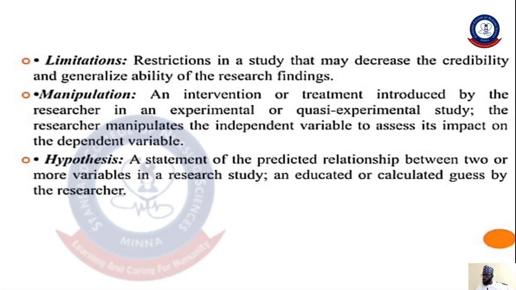An educated or calculated guess by the researcher. Hypothesis is just like a calculated guess by a researcher: I guess this will happen. Then you now put it to the test. That is hypothesis.